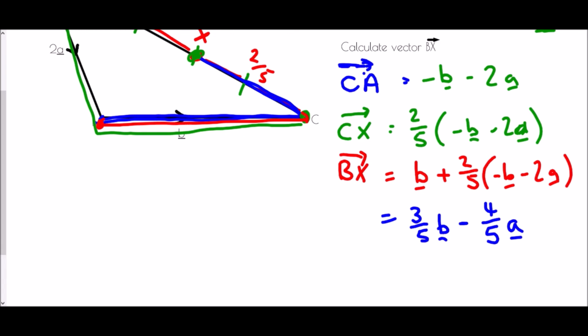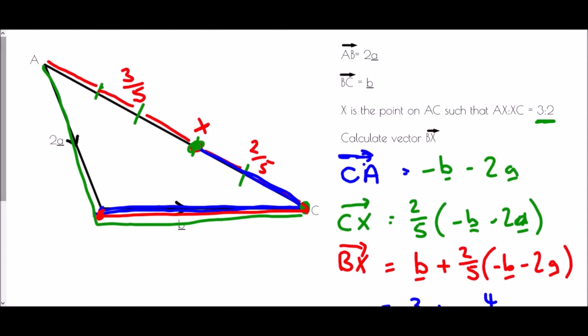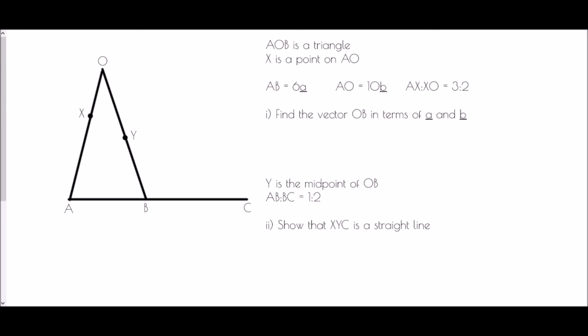And so that is the vector from b to x. We've had to use vectors that we already knew, but we've also had to take into account that there are a fraction of a certain vector being used.